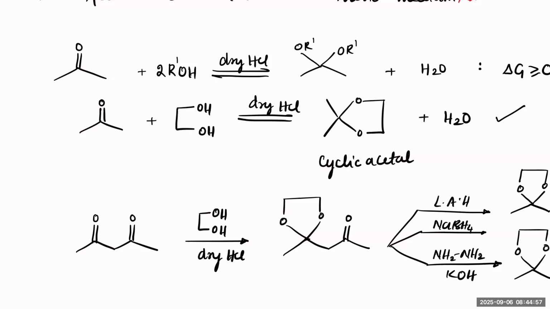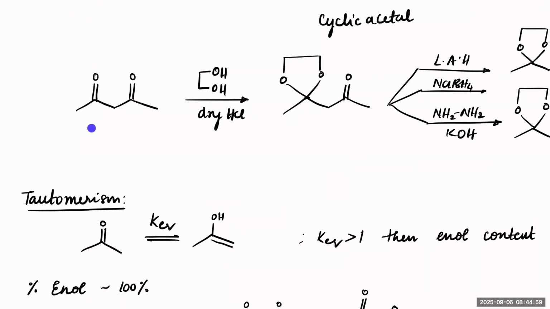Next, if you have a double bond and a double bond here, and glycol is given, then out of these double bonds, whichever is the more reactive double bond, that is where you will make a cyclic acetal. Here both of them are the same, but generally you pick the more reactive one. The other double bond will be left, correct?